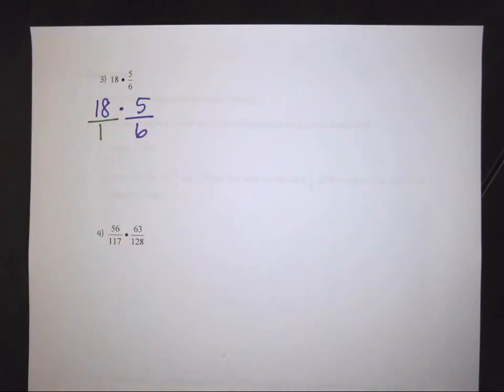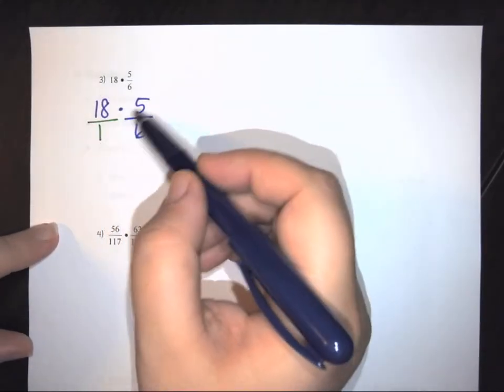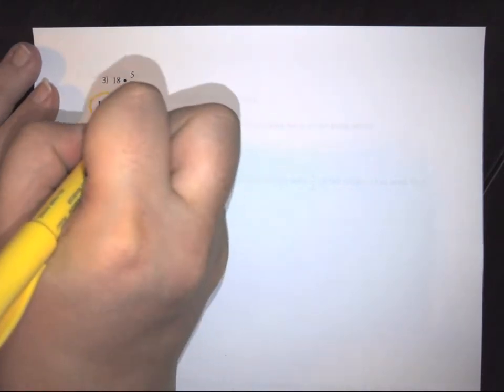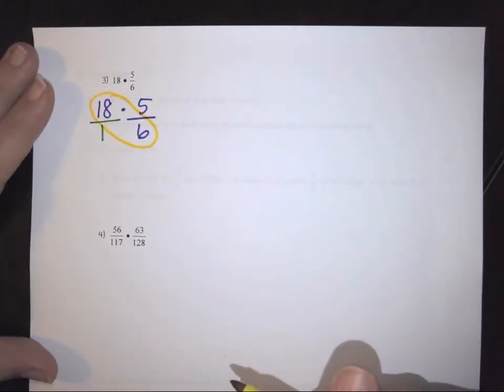So you can go ahead and input that into your equation if you need to in order to help make things a little easier. Now again, I need to try and simplify. 18 over 1 won't do anything. 5 over 6 won't do anything. However, I already know 18 over 6 will do something.